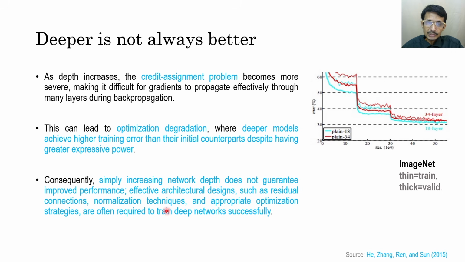So there are some optimization techniques, maybe from an architectural viewpoint, maybe from an activation function viewpoint, and many other different strategies are possible to solve this kind of optimization degradation of deeper networks.